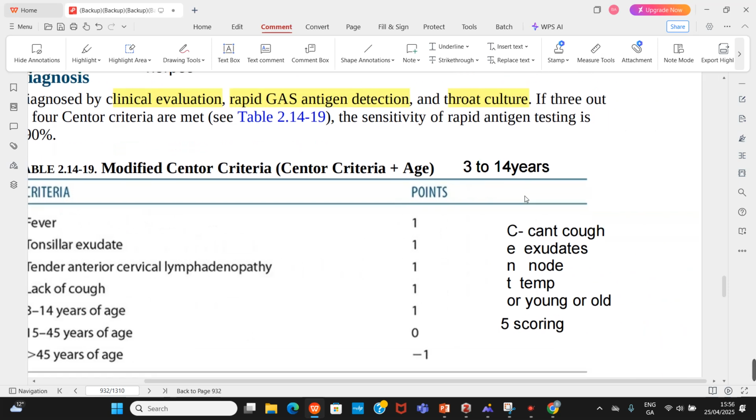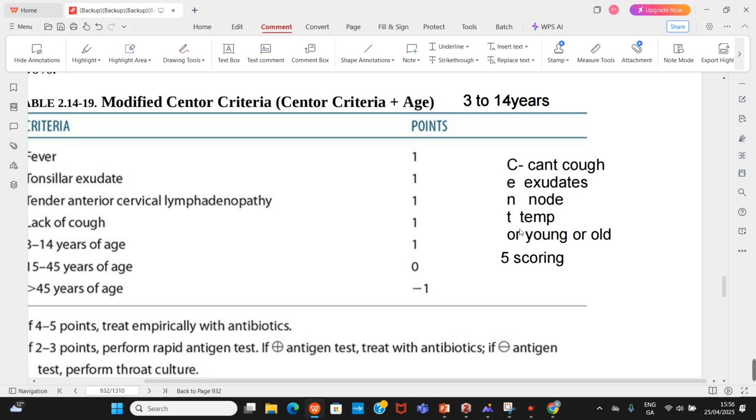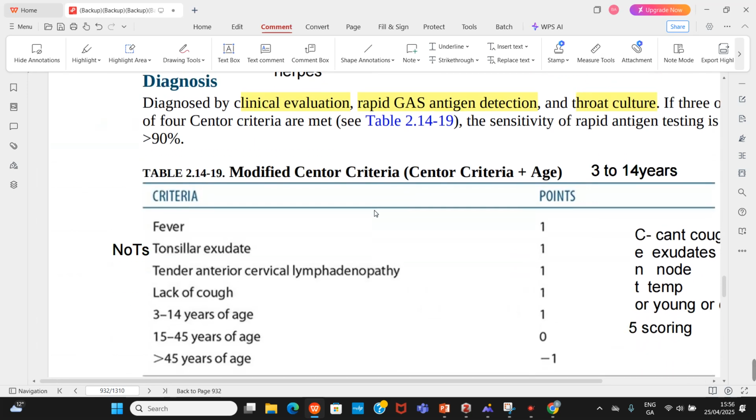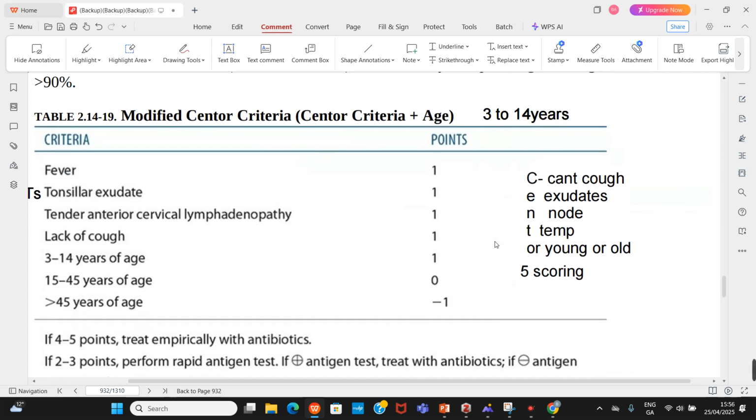So what is this modified Centor criteria? The acronym is CENTOR. C for can't cough, E for tonsillar exudate, N for node, cervical adenopathy, T for temperature greater than 38.3, and OR for young or old. Usually you give a point to the young.